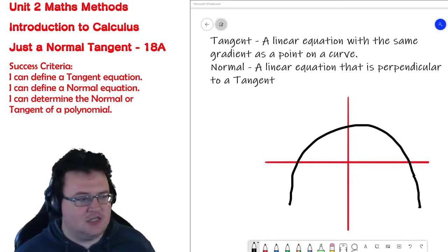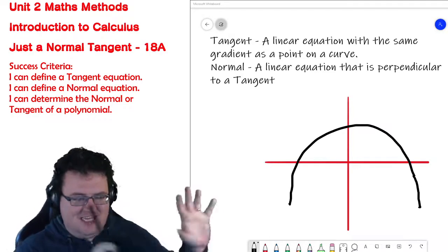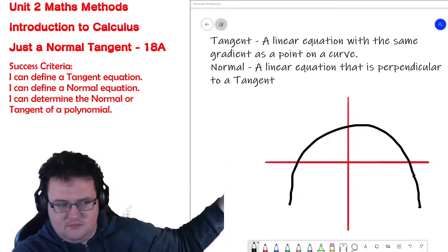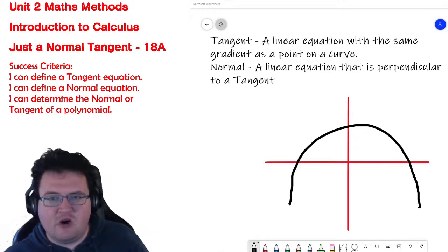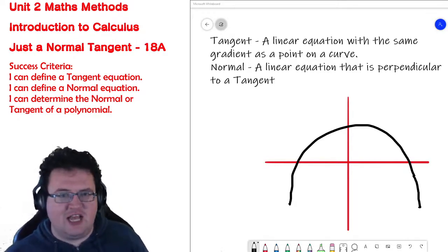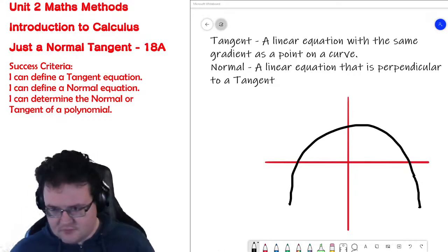A tangent, different to the tan from trigonometry, is a linear equation with the same gradient as a point on a curve.